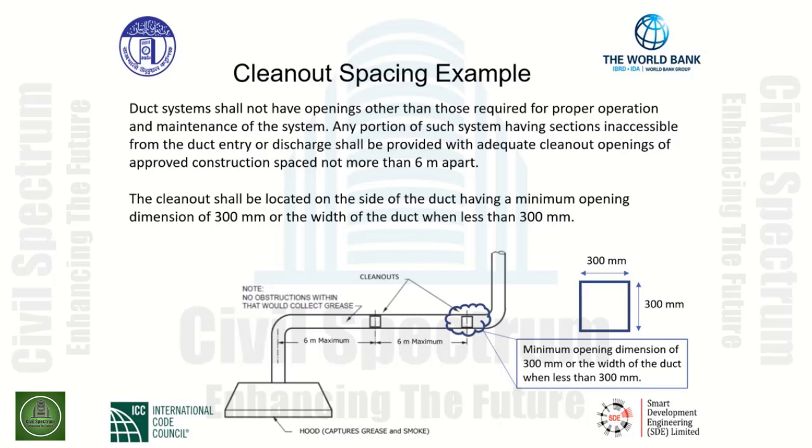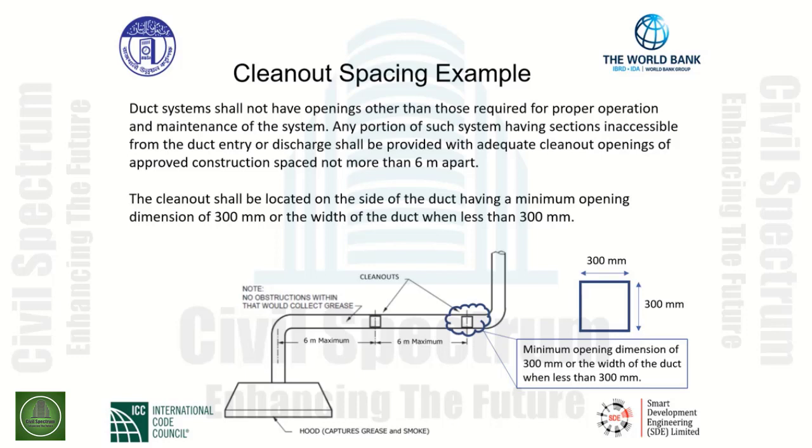Duct system shall not have openings other than those required for proper operation and maintenance of the system. Any portion of such system having sections inaccessible from the duct, entry, or discharge shall be provided with adequate cleanout openings of approved construction spaced not more than 6 meters apart.